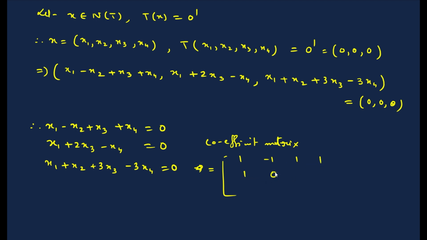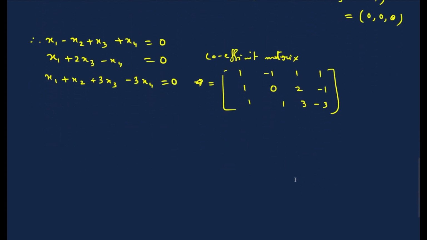Then 1, x2 is absent here so 0, 2, minus 1. Then 1, 1, 1, minus 3. So again, what we have to do? We have to do echelon form. Kindly do the echelon form again, otherwise it will be a little bit long. Same procedure: first we make these 2 elements 0, and then keeping the second row fixed, this particular element will be 0. So finally you will get this particular expression.